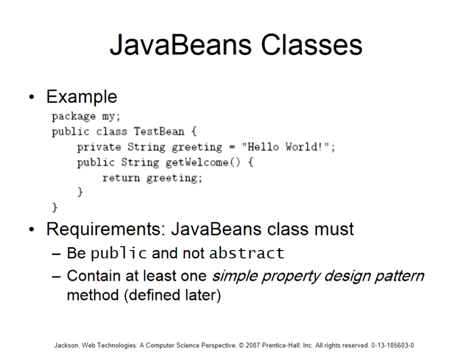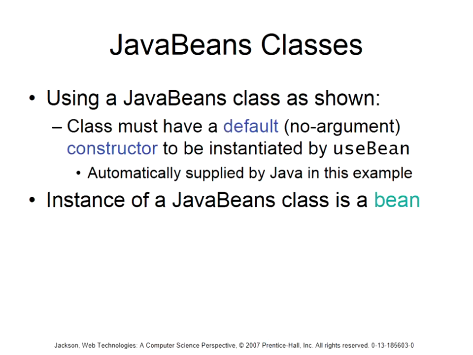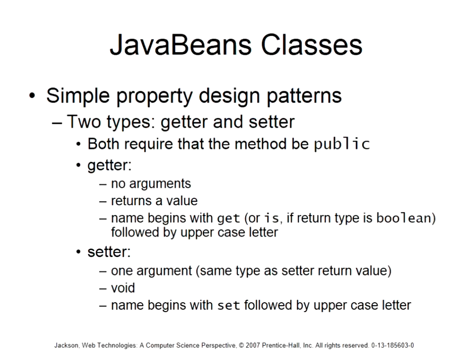But if we want to write a special constructor, the constructor must have no arguments, because after that jsp:useBean calls the constructor without arguments. An instance of a JavaBeans class is a bean.